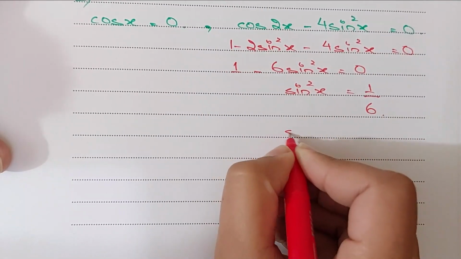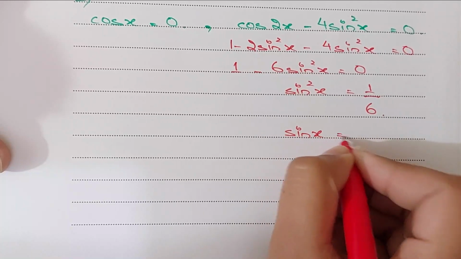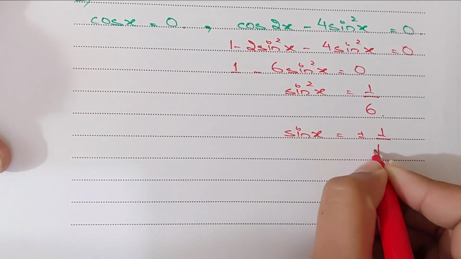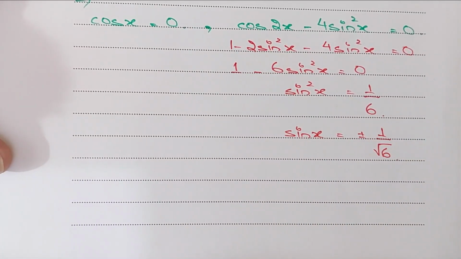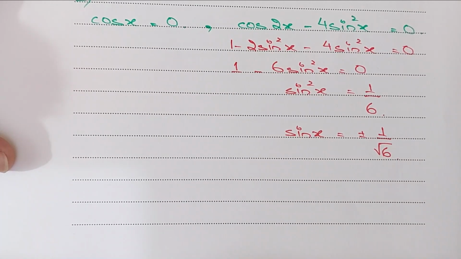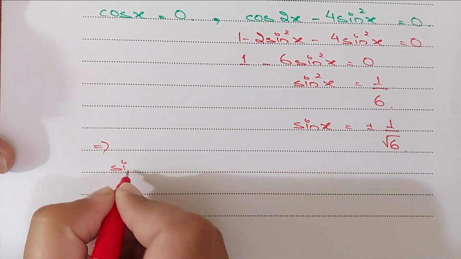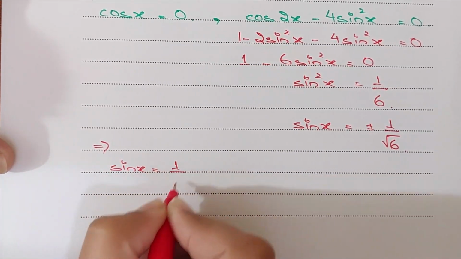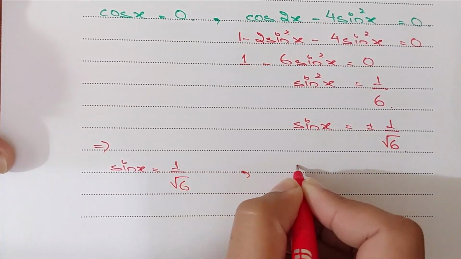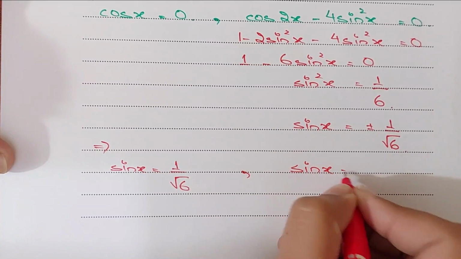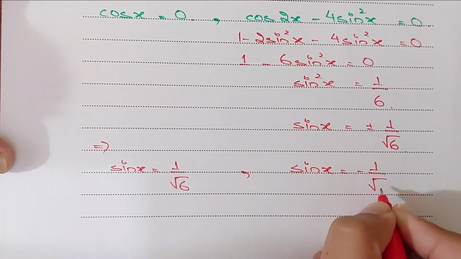And again we have two values for sine. Sine x is plus minus 1 over square root of 6, right? So we have to consider the positive one and the negative one. So sine x is 1 over square root of 6, and the other sine x is minus 1 over square root of 6.